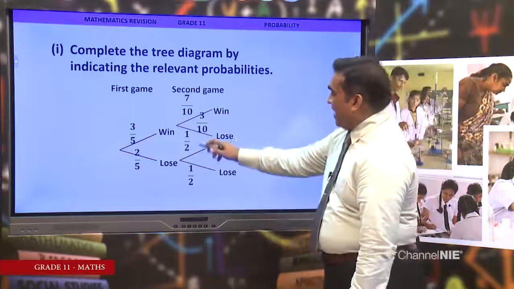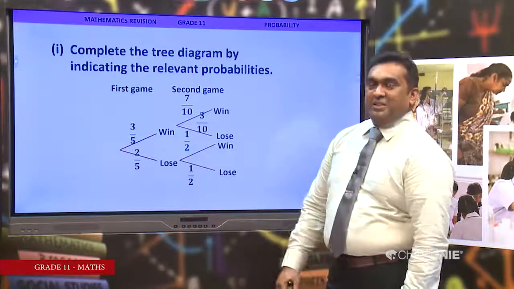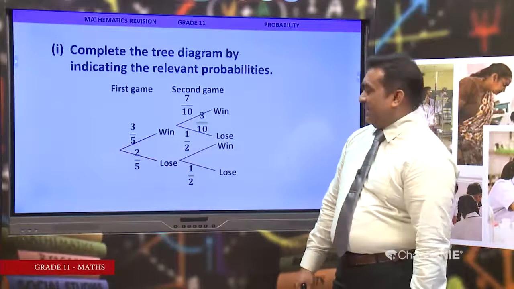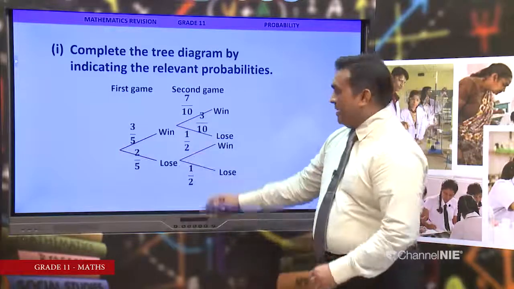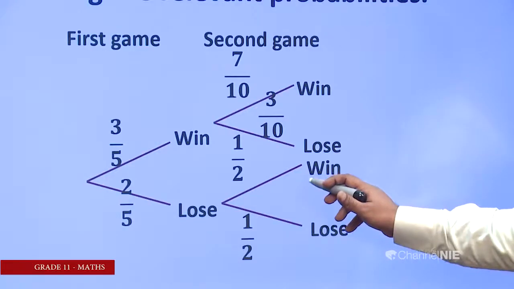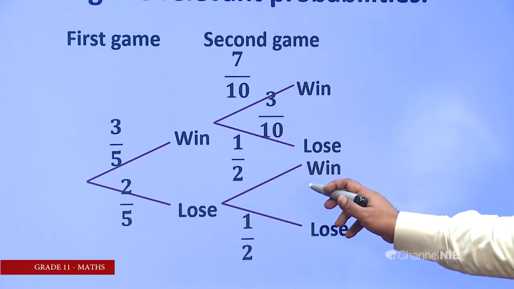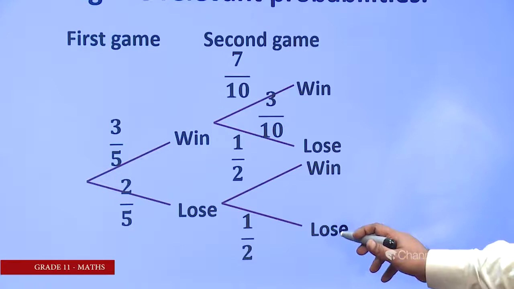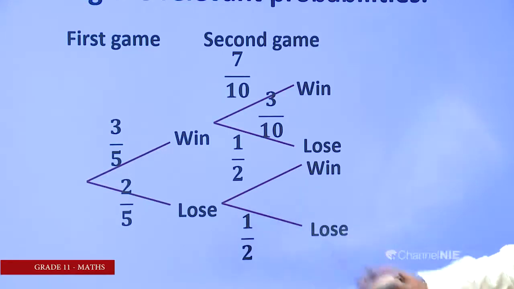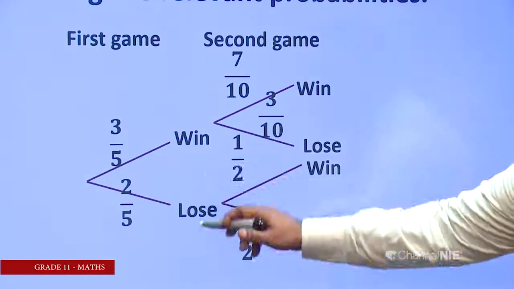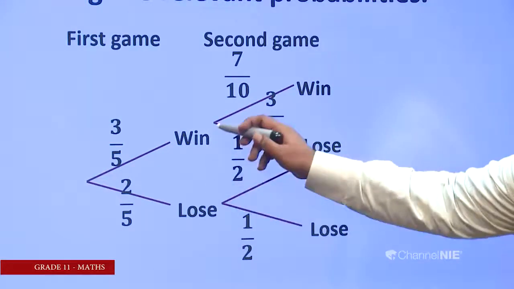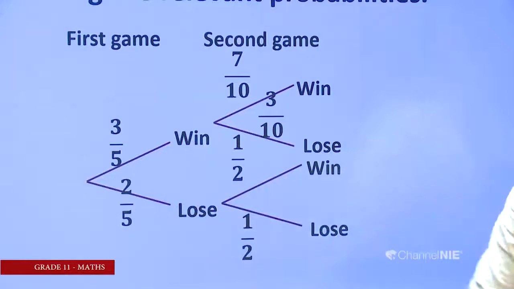Next one, half, half, no conditions. Lose the game, half the probability of winning the second game. Here the losing, it means that is also half. Always you can see the sum of probabilities of these two events is equal to 1, right. That is the important concept.